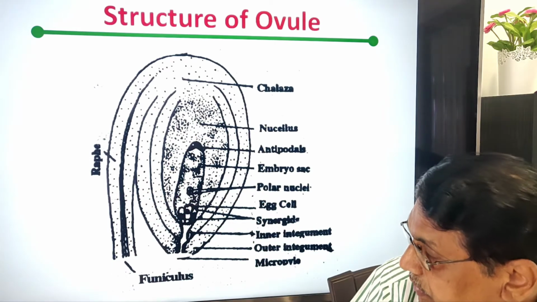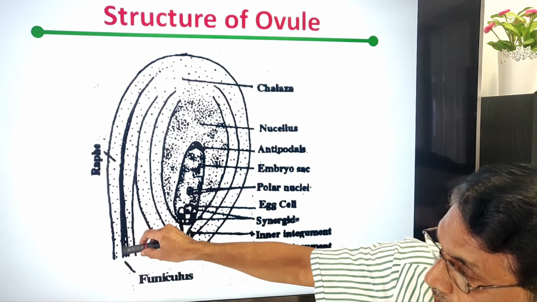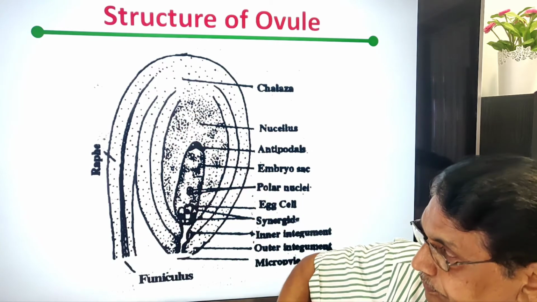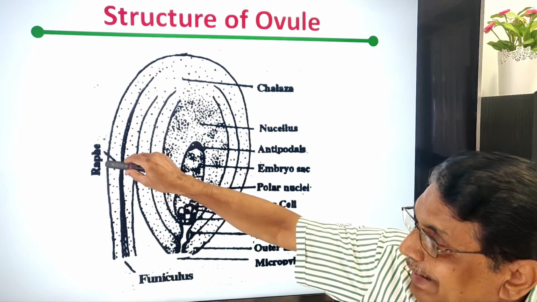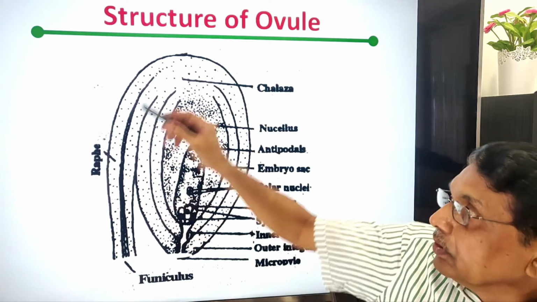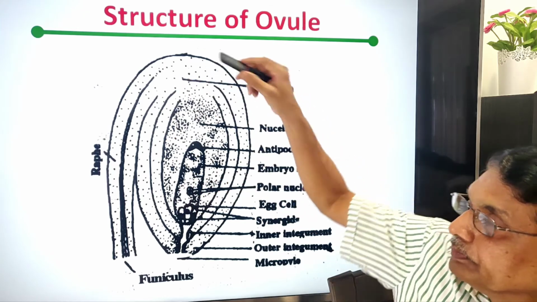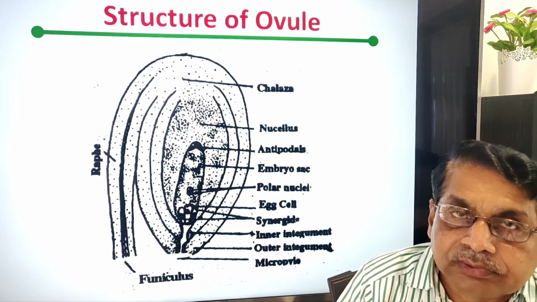You can see various things. This is funicle, a stalk-like structure connecting the placenta and the ovule. This part is called raphe or hilum. This is ovule. It is inverted, anatropous ovule.